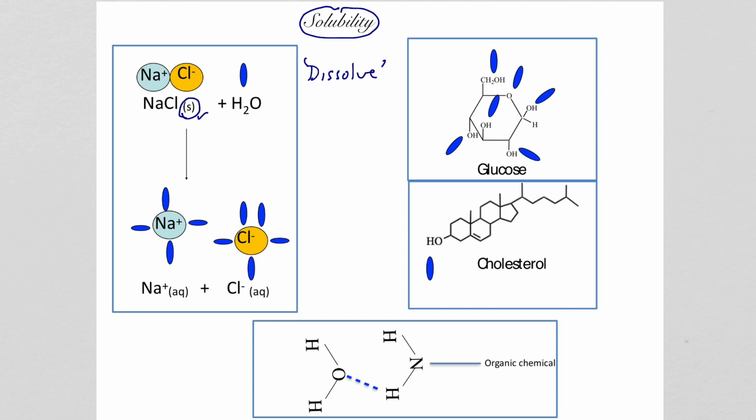So what happens is the water molecules come and surround the sodium ions as well as the chloride ions. So it's basically breaking the attachment between the sodium and the chloride ions, and instead of seeing solid sodium chloride, what you see is sodium that is dissolved. In chemistry, we represent this as aqueous sodium and aqueous chloride. Okay, so that's how these ionic compounds dissolve.